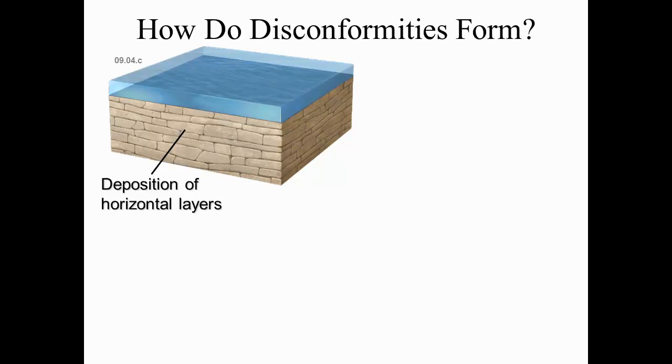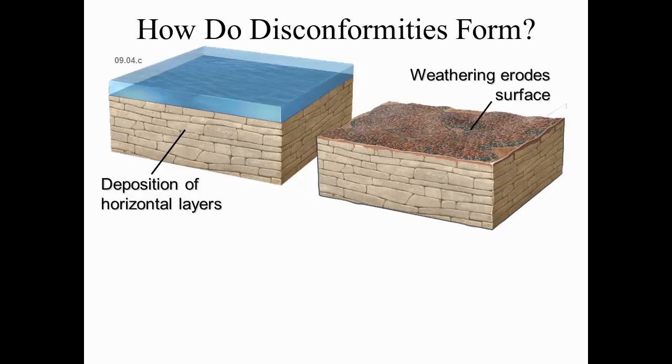So in the case of disconformities, we start out with deposition of horizontally layered limestone within a shallow sea. And then sometime later, the seas retreat and we get subaerial exposure of the limestones, during which time we get weathering and erosion of that surface.